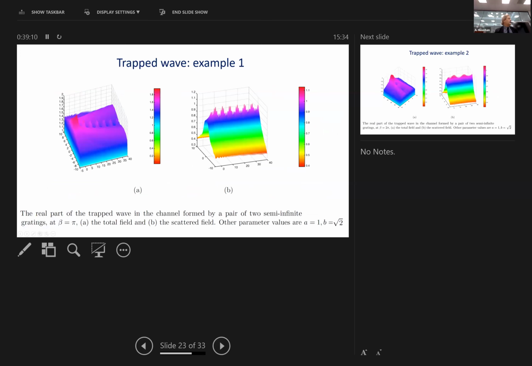So the analysis of this kernel function, again, allows me to look at transmission and reflection regimes. And this is the example of trapped wave. As you can see, the wave is trapped inside, and A is the total field, and B is specifically the scattered field. So you can see how it works.